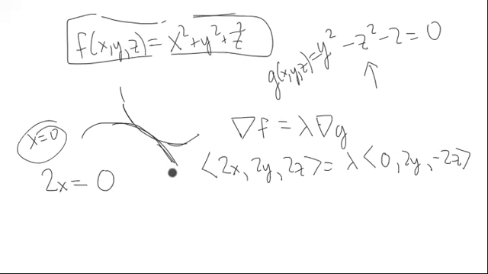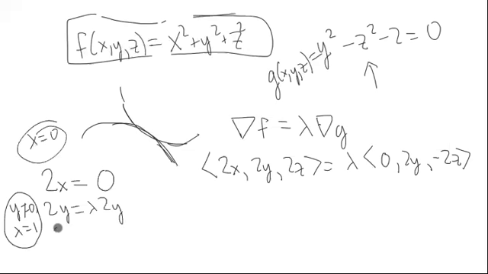We also have 2y is equal to lambda times 2y. So if y is not 0, we know that lambda will have to be 1. So those are mutually exclusive cases there.